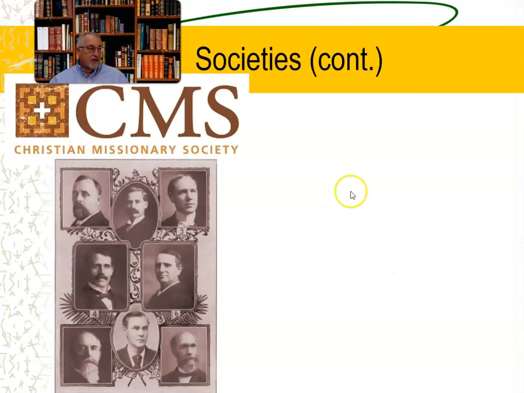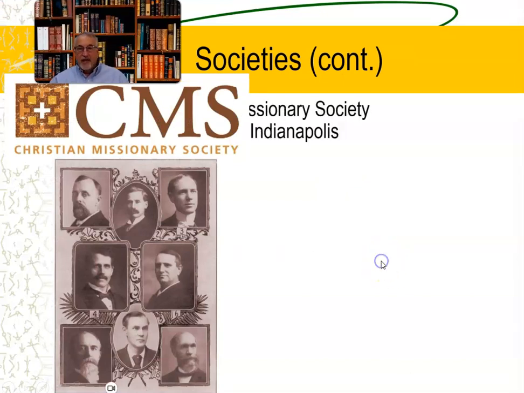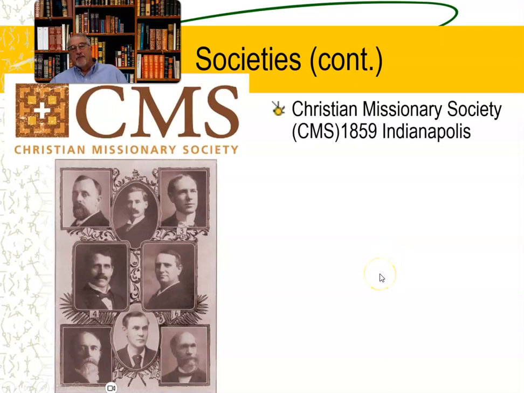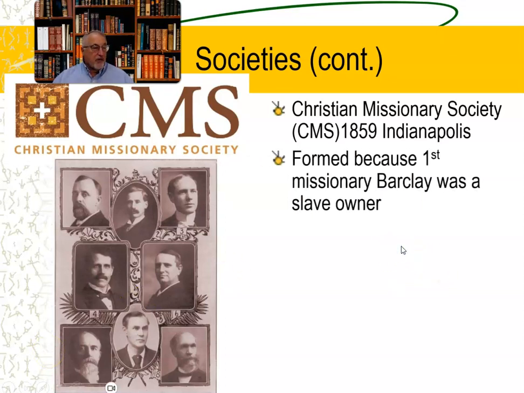Well, the Christian Missionary Society will form in 1859. Why did this form in Indianapolis in 1859? This society forms at this time because they are opposed to the very first missionary that was sent.